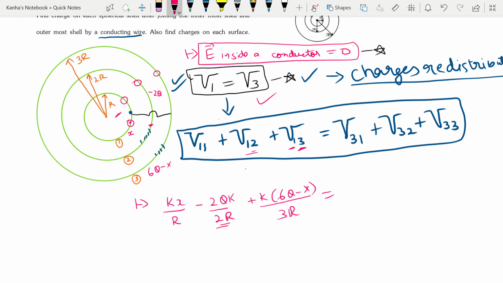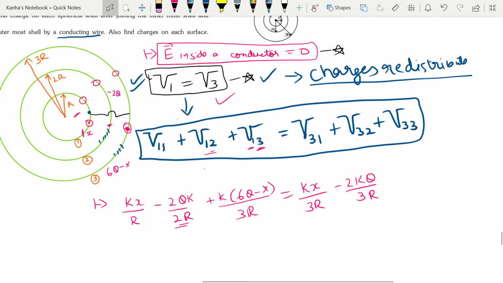Now if I write V31, I am calculating the potential at this point. The potential at this point due to the first shell is what? This point is outside the shell, so my potential will be kx by 3r. For the second one, it will be minus 2kq by 3r again.